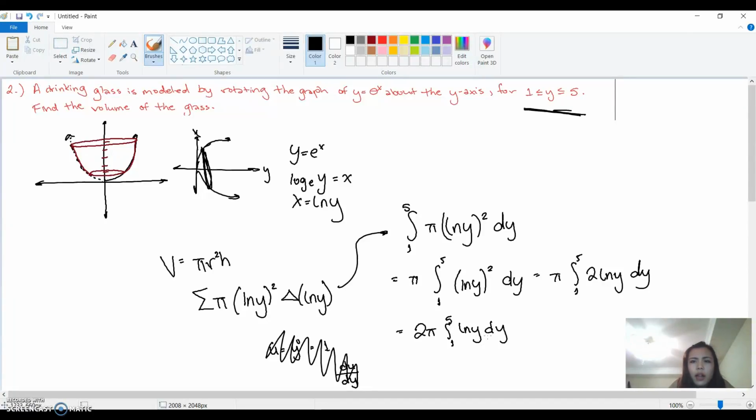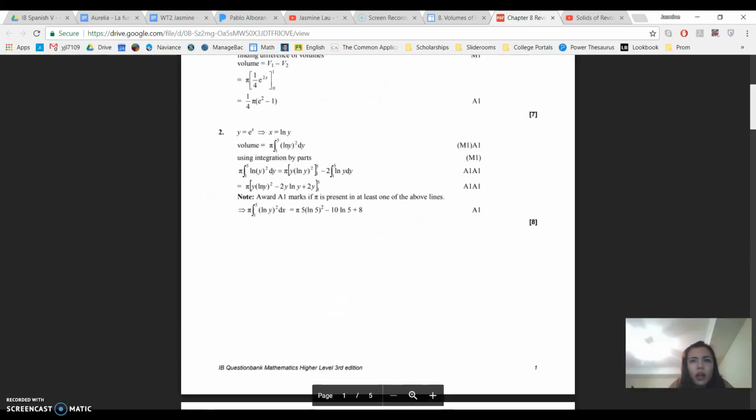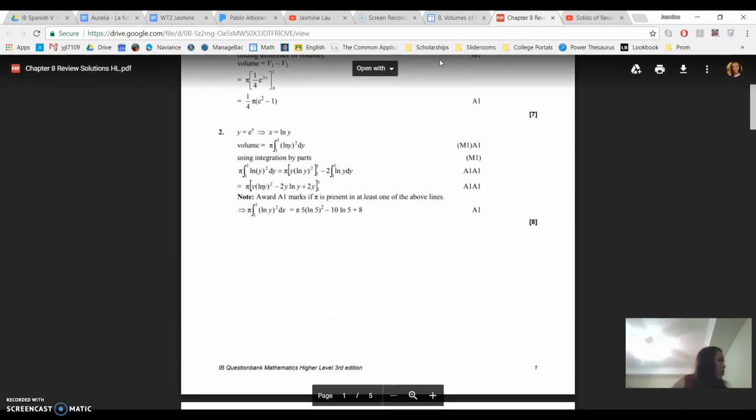I need to integrate ln y dy. Where's the formula booklet? I printed out a new formula booklet. There we go. Oh my, look, I found my formula booklet. How great is that?